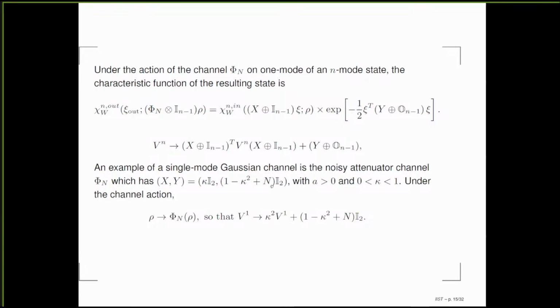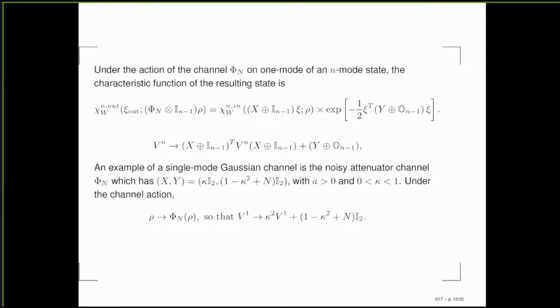You send light through the atmosphere, and not all of what you send comes back. Much of it is scattered, and that is captured by this kappa. Then for whatever channel, you need the noise to have at least this minimum. In addition to this minimum noise, you have additional noise which comes from the background. That is why we consider what is called a noisy attenuator channel. This is very useful for modeling realistic scenarios.